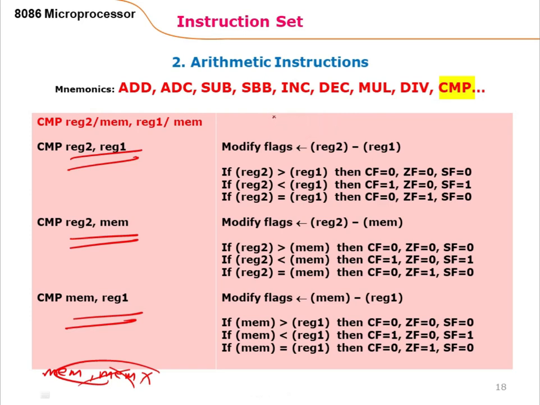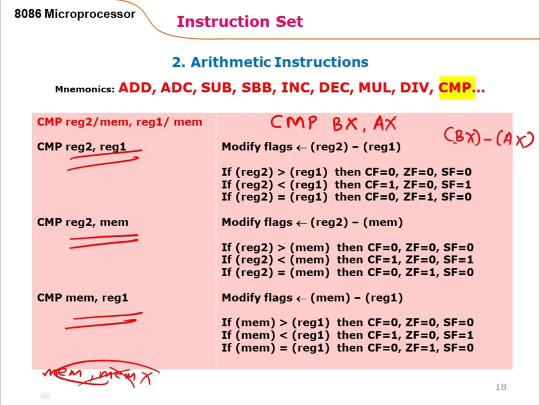Consider an example, CMP BX, AX. The contents of BX and AX are compared, and subtraction is done here.